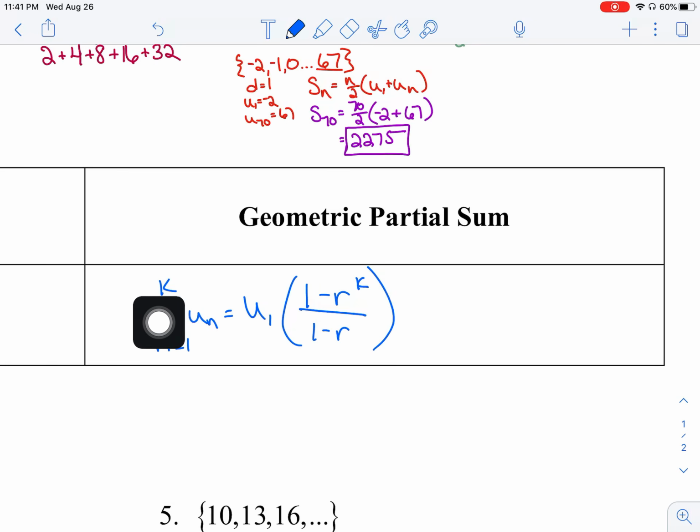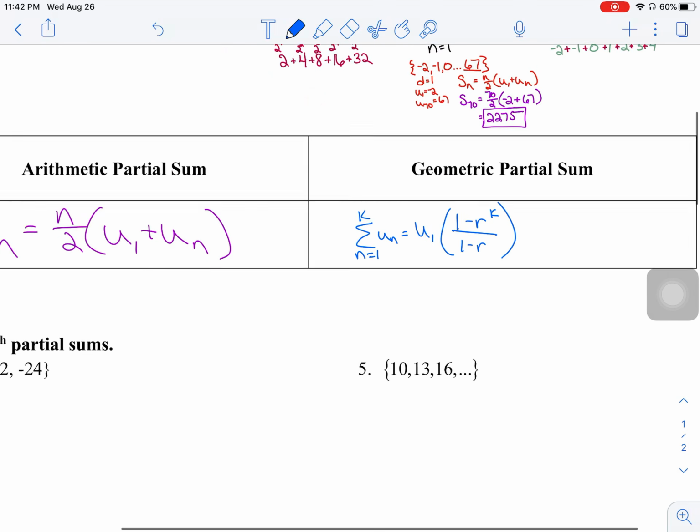This is your ending value, so you notice this end value is what matches over here. Okay, you know your first term, so u sub 1, and then r, remember, is the common ratio in your sequence, specifically your geometric sequence.